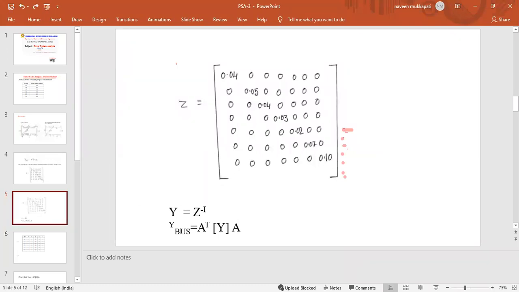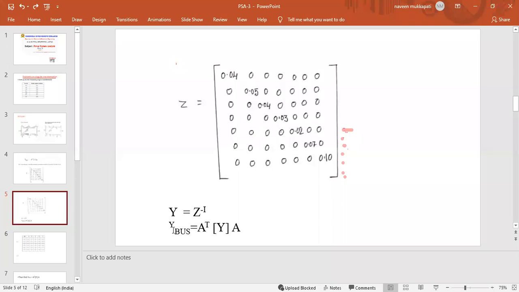Then we obtain the Y matrix, that is the primitive admittance matrix. After determining the Y matrix, we obtain the Y bus matrix.